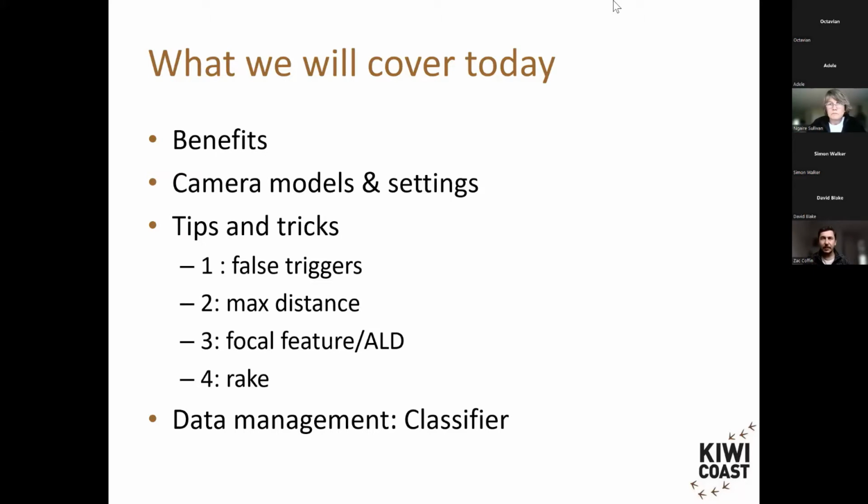Tips and tricks on how to avoid some of the most common problems that arise, such as false triggers, max distance for your target animal, what is a focal feature, and what lure device we use, the rake of a tree, the angle of the camera, all important notes there. We'll touch on data management and how we can utilize computer software to categorize the images to visually display appealing and informative results.